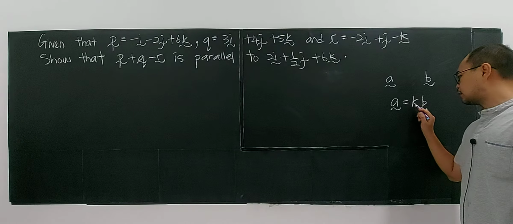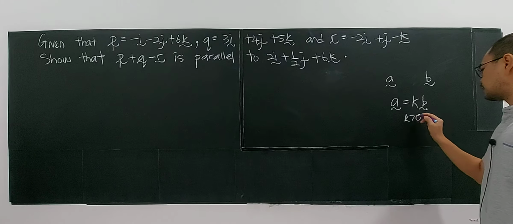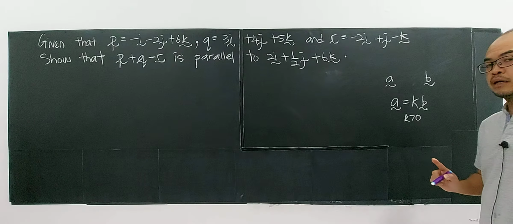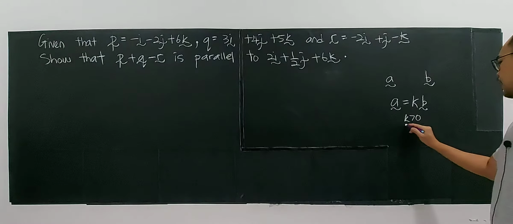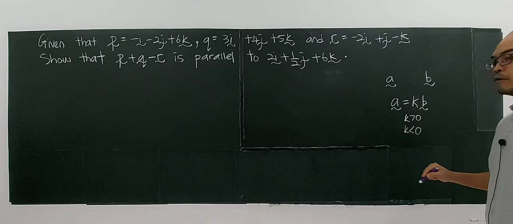If k is a positive value, definitely these two have the same direction. If k is negative, they are parallel also, but they have opposite direction.